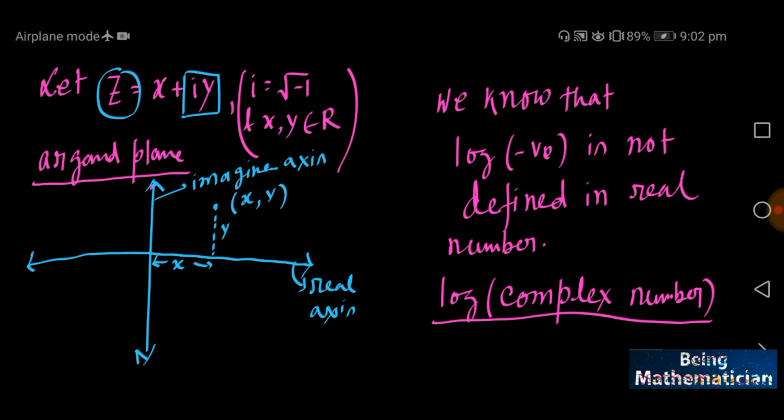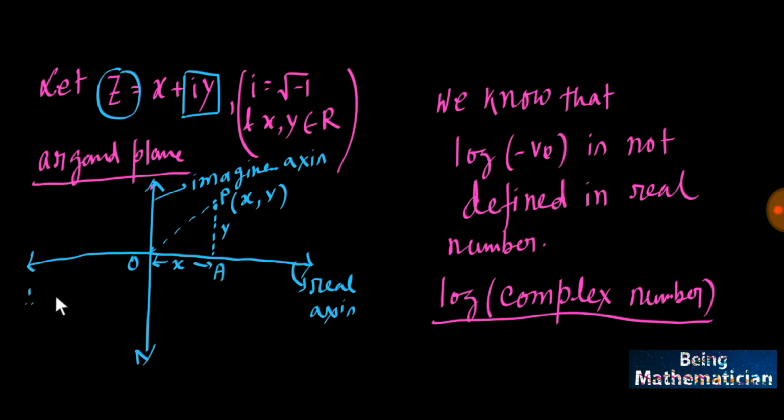So joining this line, let this point be P, this be O and this be A. Now cos theta is base by hypotenuse. Here, assuming that this is theta, cos theta is x by OP. Now by Pythagoras theorem, OP must be root over x square plus y square.